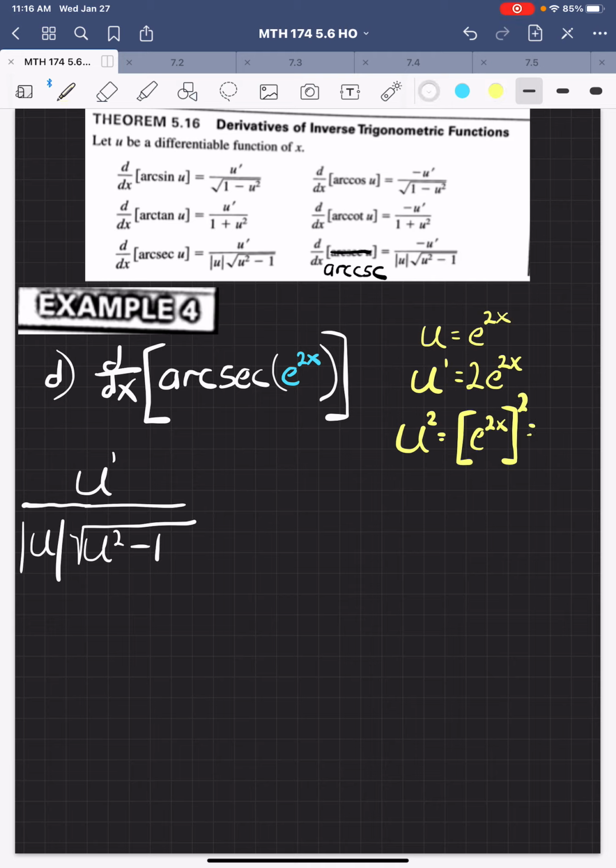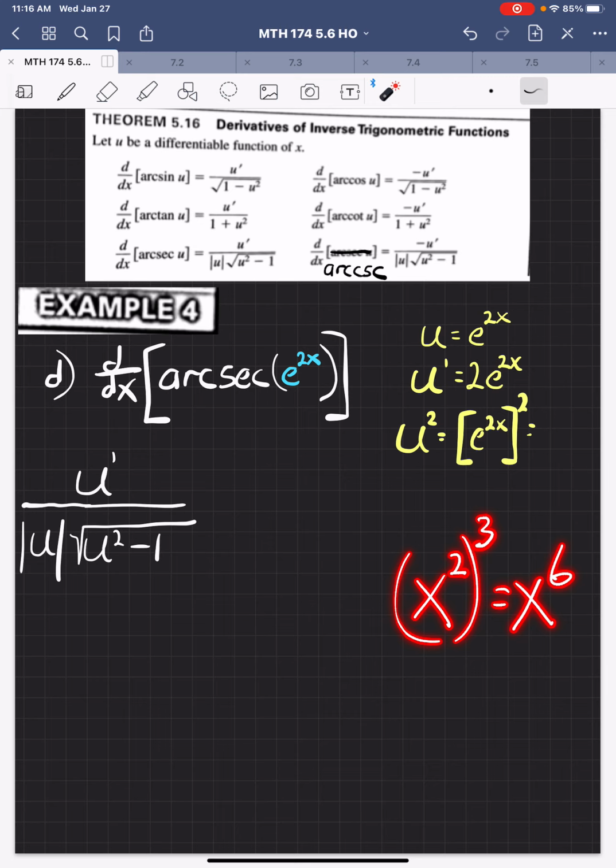Well, again, just like if you have x squared to the power of 3, that's just x to the power of 6, right? You could think of it, if you really wanted to, as x squared times x squared times x squared. And of course, if you multiply like bases, you add the exponents, right? So 2 plus 2 plus 2 is 6.